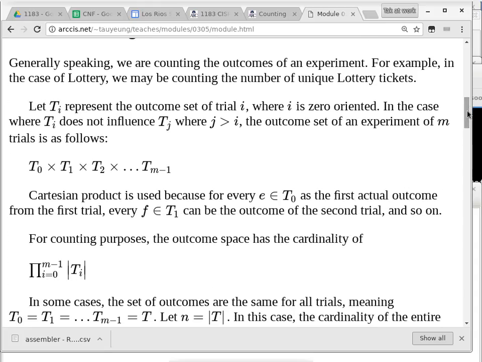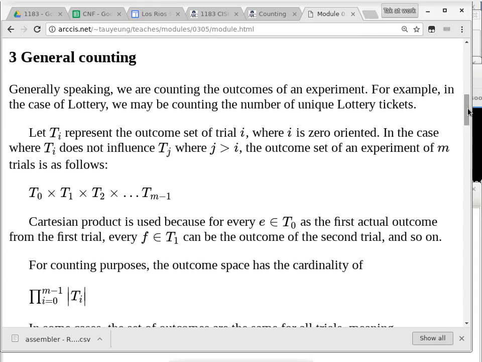So now that we understand the terms, we want to look at general counting. In other words, how do these things tie in with each other? So what we want to do is look at an experiment, and we use T subscript i to represent the set of outcomes of a particular trial, and I use i as an index.